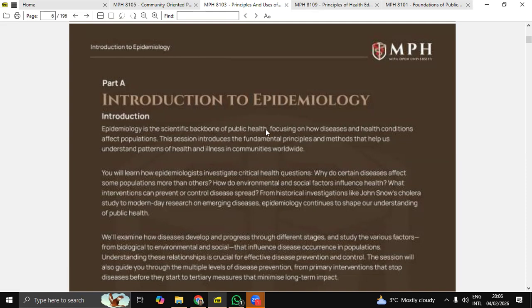And the art part is when we talk about application, applying what we have learned to improve outcomes. Although it's not clear cut, you can't say this is exactly where the science is and this is where the art is. But to a good extent, epidemiology is more on the science part of public health.